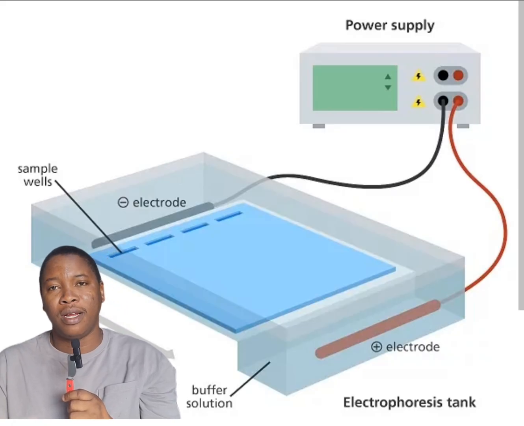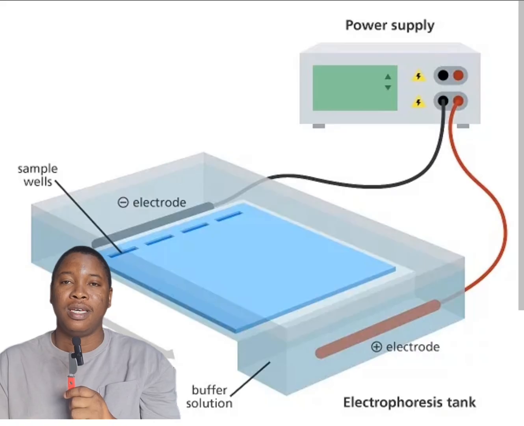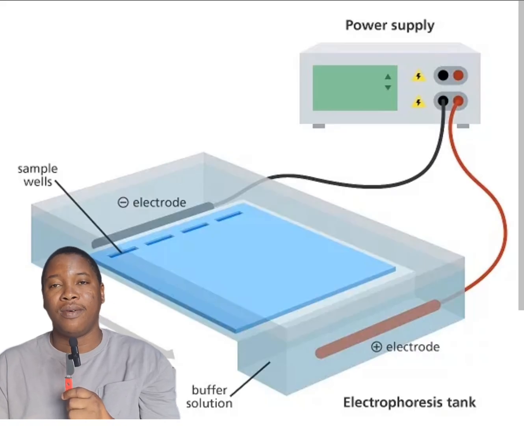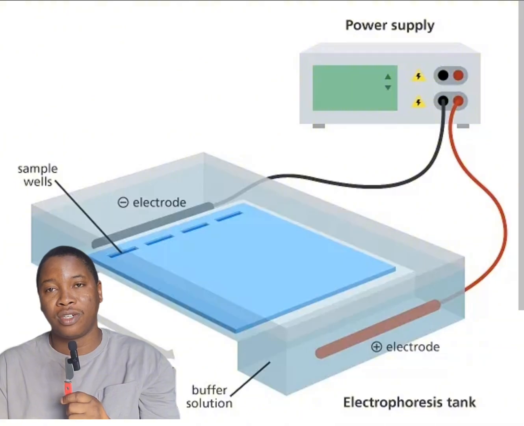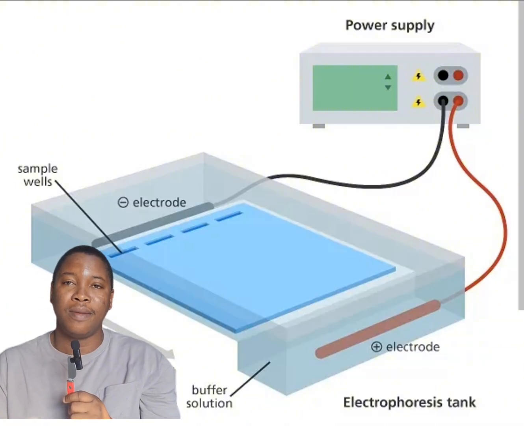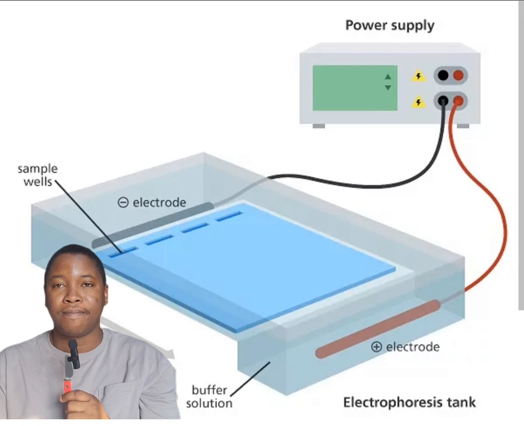When you talk about electrophoresis, you're talking about creating a system where you have a charged electric field. You create the electric field in a specialized tank. You have your electrodes, the negative electrode, which is the cathode, and the positive electrode, which is the anode.